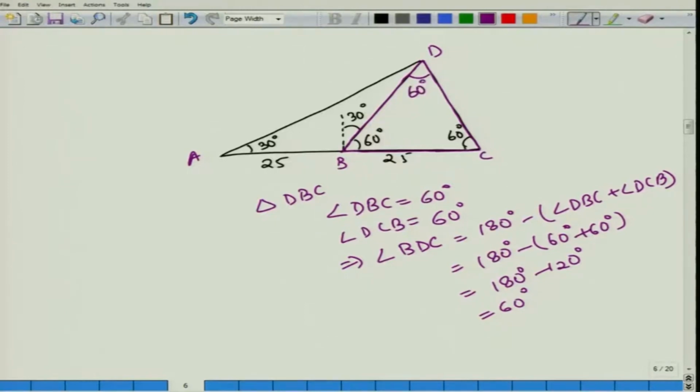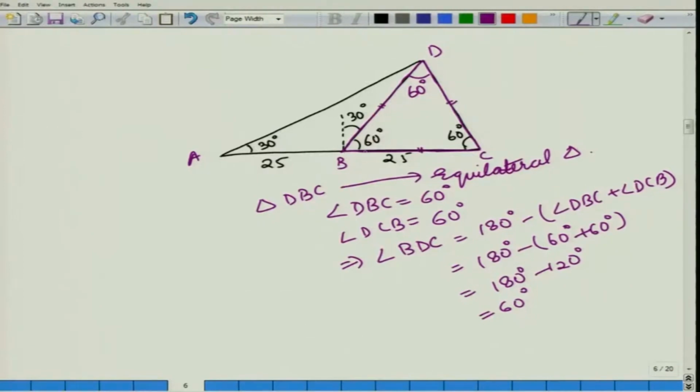Now, in this triangle all the three angles are equal to 60 degrees, which means that this is an equilateral triangle. Now, in an equilateral triangle all the three sides are equal. So, this side is equal to this side is equal to this side.